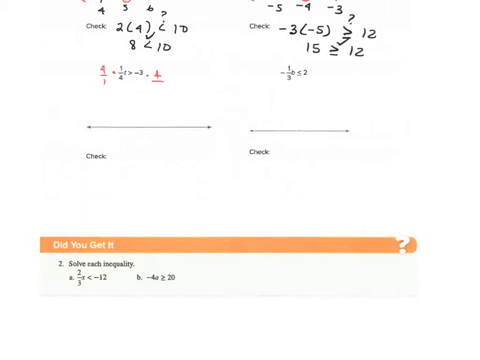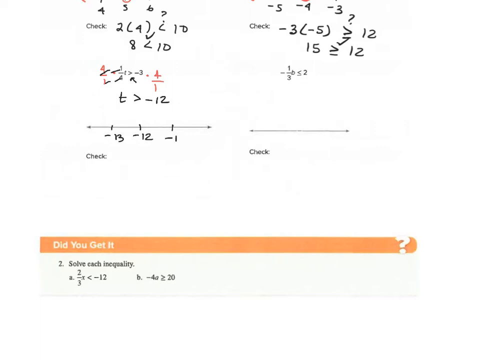Reciprocal is just a fraction flipped upside down. So you see the 4's divide out, and we're left with t. Now this is not going to change because I just multiplied by a positive number, and the -3 times 4 is -12.